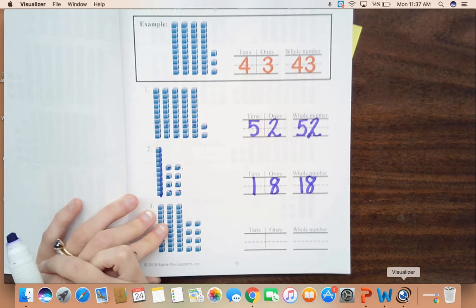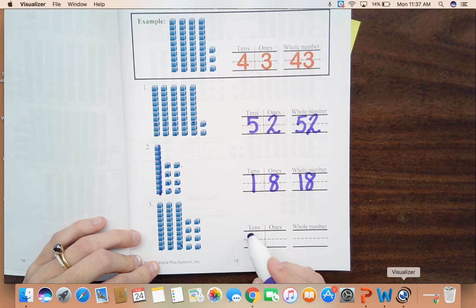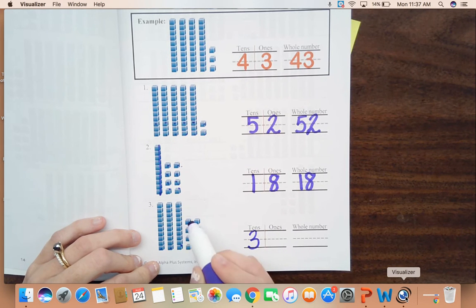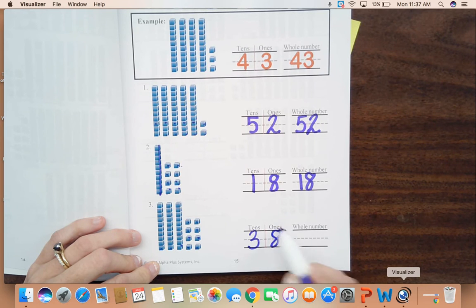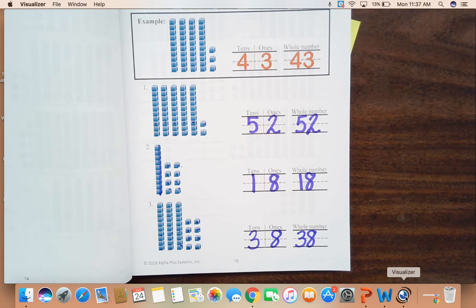Hey, you did! All right, last one. I have 3 towers of 10, so I'm going to put 3 here. I have 1, 2, 3, 4, 5, 6, 7, 8 ones. So you put it together. That's 38. Let's see if that's for real. 10, 20, 30, 31, 32, 33, 34, 35, 36, 37, 38. Look at that. Sort of like magic.